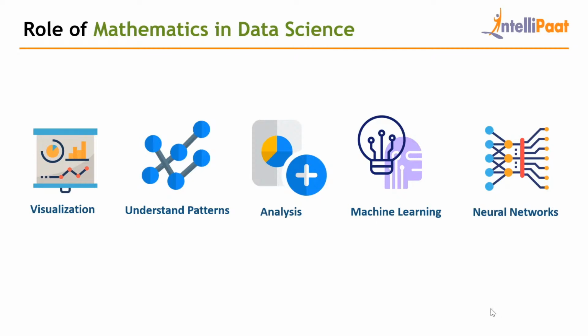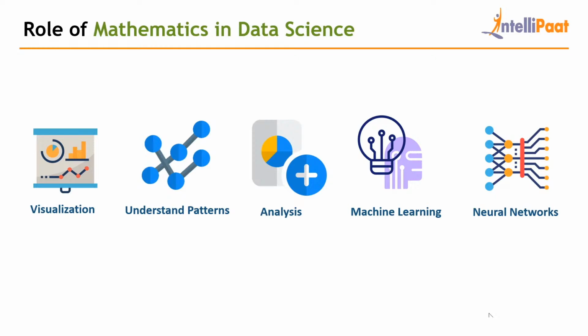Every step requires the use of mathematics, whether it is data visualization, where we use statistics and probability, or understanding patterns and analysis of data. When it comes to machine learning and neural networks, we use differential calculus, numerical analysis, integral calculus, various equations, linear algebra, matrices, and vectors. So 60 to 70% of the steps involved in these processes require mathematics.